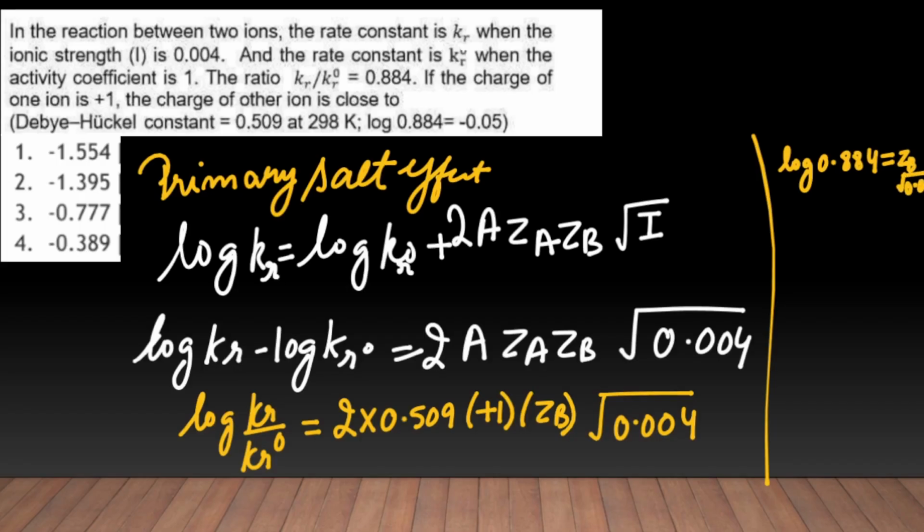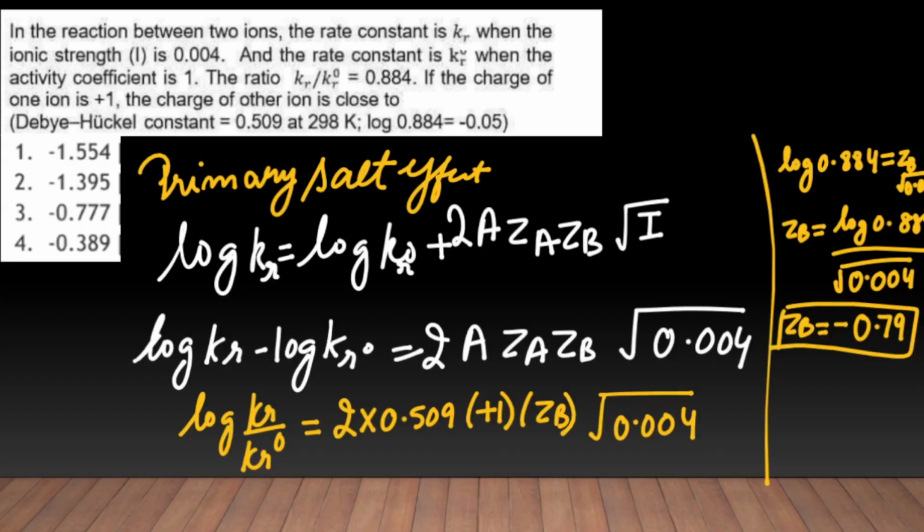So ZB from here comes out as log of 0.884 upon the root of 0.004. The value of ZB we get as minus 0.79. So this is the charge on the other ion, and the correct answer becomes option 3 in this case. Okay. Moving on to the next one.